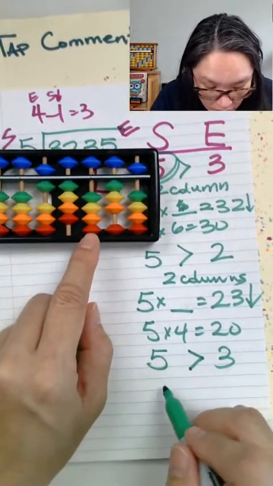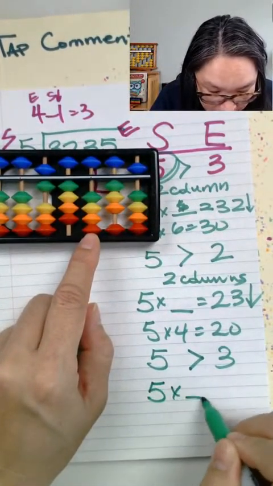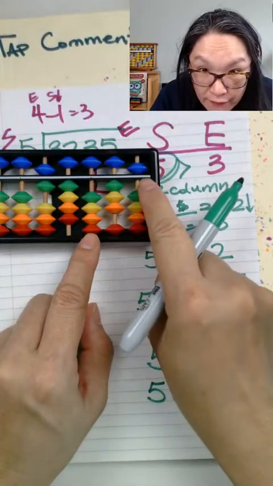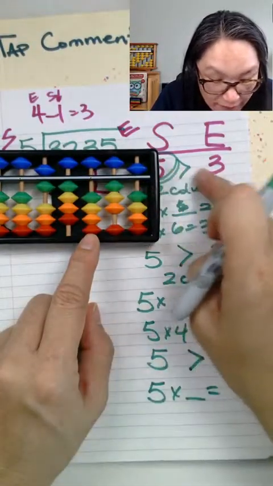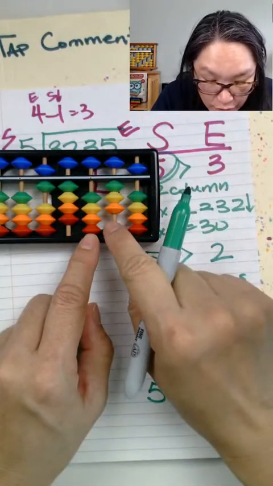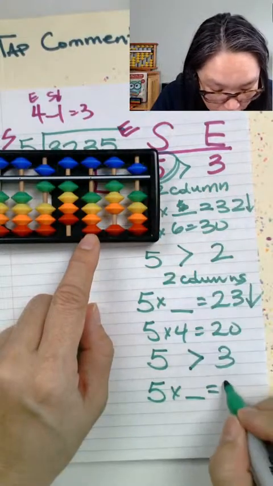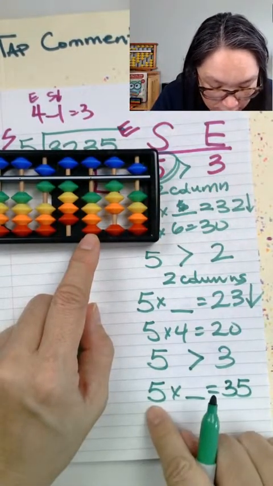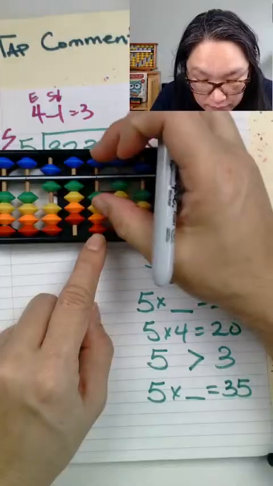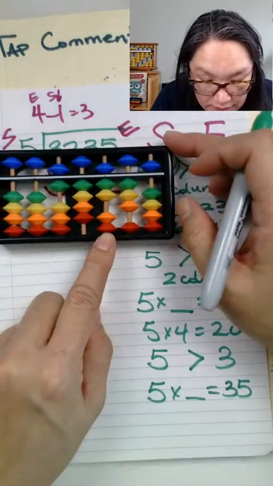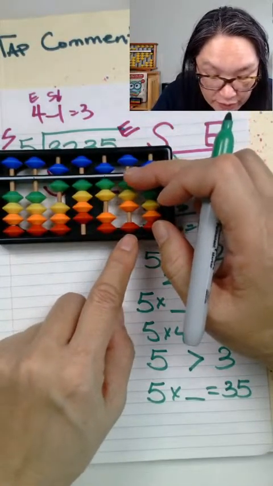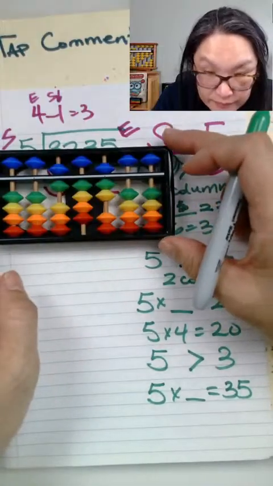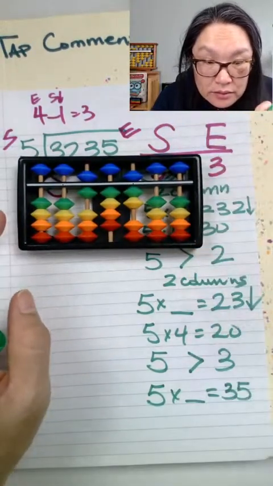What times 5 is equal to 35? Because my 5 is bigger, I take 2 columns. 35. 5 times 7 is equal to 35. Take away 3, take away 5. And that's my answer.